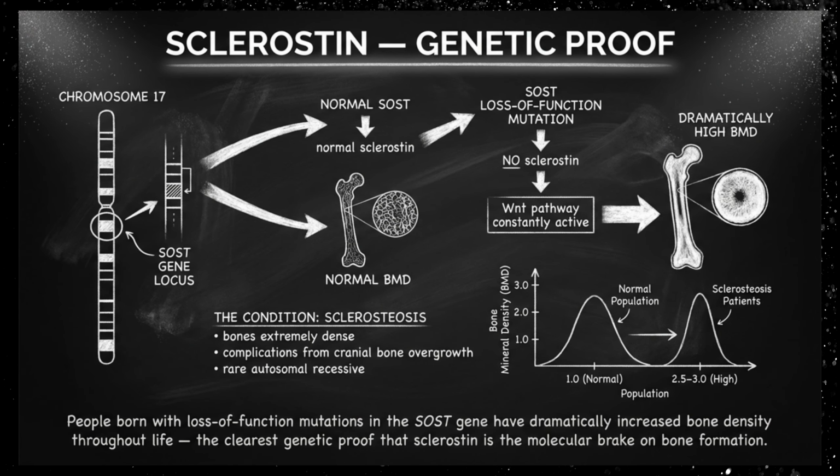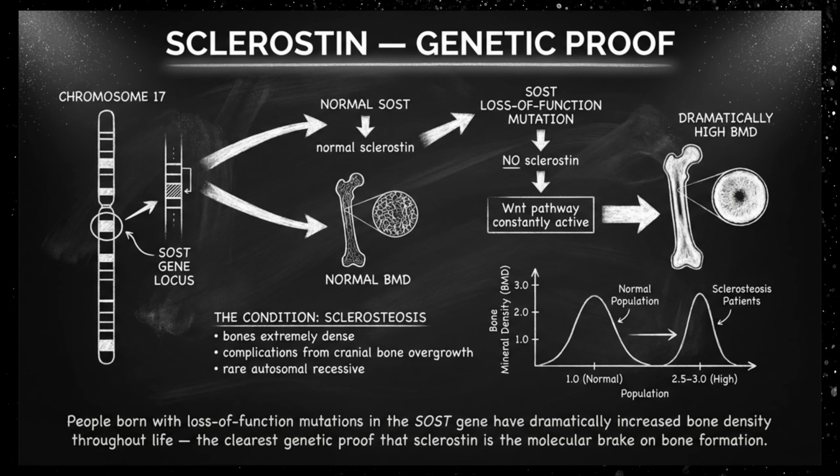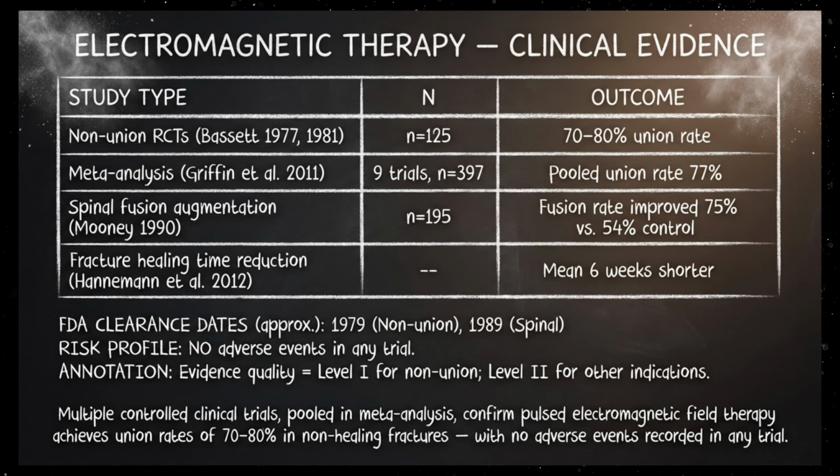Alternatively, the oscillating field gradient may directly activate piezo channels on osteocyte processes through membrane tension effects. What is not debated is the clinical outcome. The electrical language of bone is coherent enough that an external device, with no physical contact with the skeleton, can speak it fluently enough to restart biological construction in tissue dormant for years.